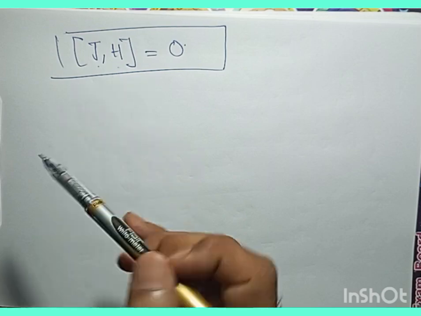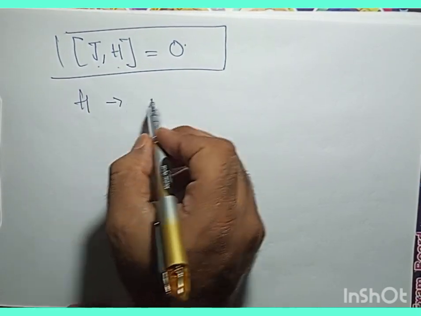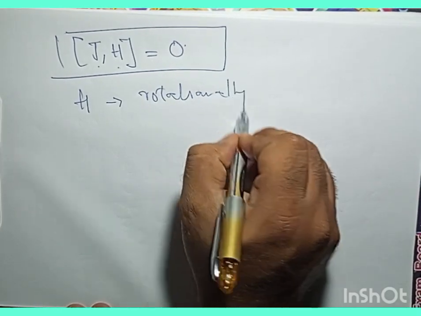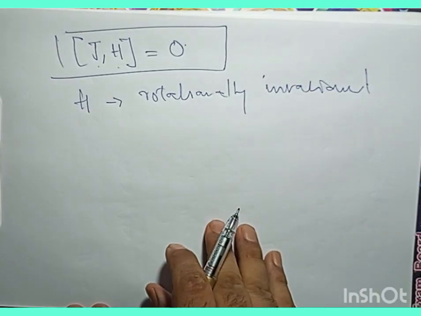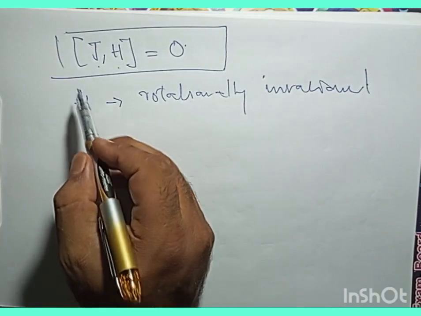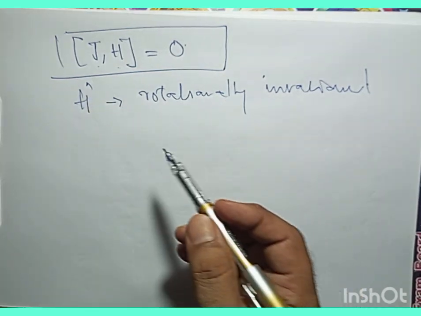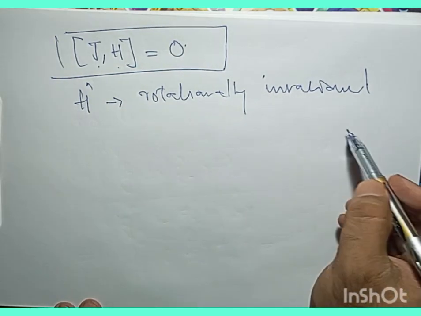If this Hamiltonian H is rotationally invariant, so assuming this H is invariant under rotation, which means it does not change when the system is rotated.